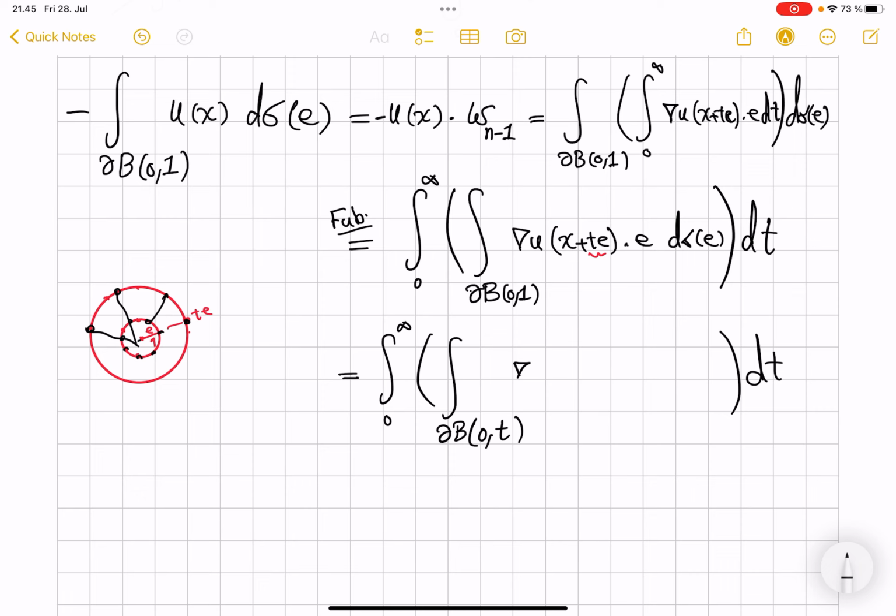So this will be gradient of u at x plus y, and then E is none other than y divided by t. That is the relationship between y and te. This is the dot product of these two.